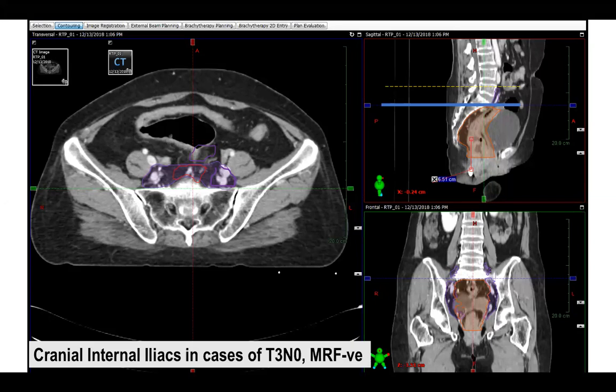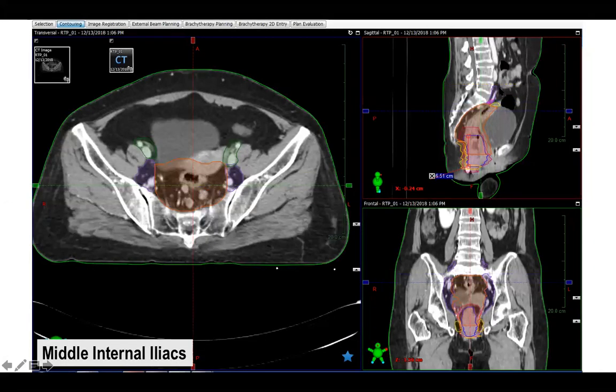Otherwise we can bring down the cranial boundary to the level of the mesorectum where it is starting, in areas where it is node negative and an early disease. By that we end up gaining around 4 centimeters of tissue and decreasing the irradiation to the small bowel, which will invariably be a target in this area. So that is to remember.